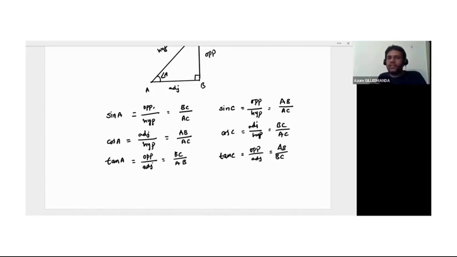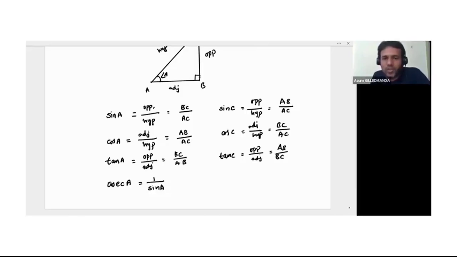Okay, and the other 3 are reciprocals of these. So sin A is opposite by hypotenuse, and similarly cos A is adjacent by hypotenuse, and tan A is opposite by adjacent. Now we also have cosec A, cosecant A. Cosecant A is 1 by sin A. Cosecant angle is the reciprocal of sine angle.